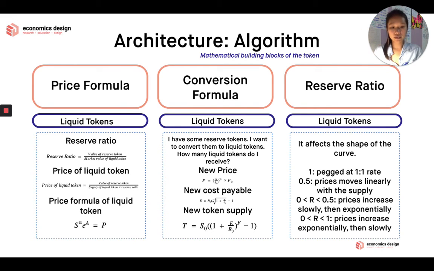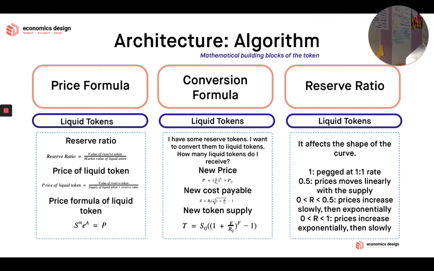When it's 0.5, I use a different color. I hope you can see that. When it's between 0 and 0.5, the prices increase slowly, then increase super fast. You see? At first, prices increase real slow, and then poof, it goes up super quick.